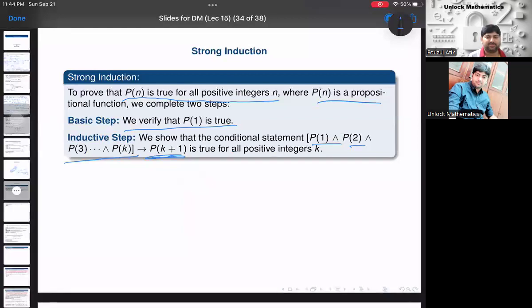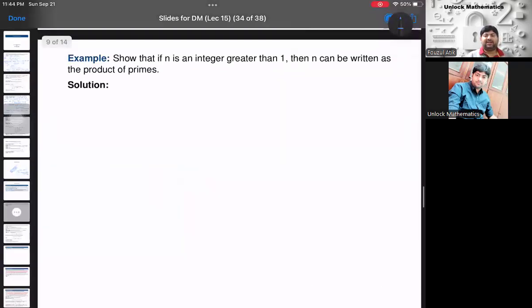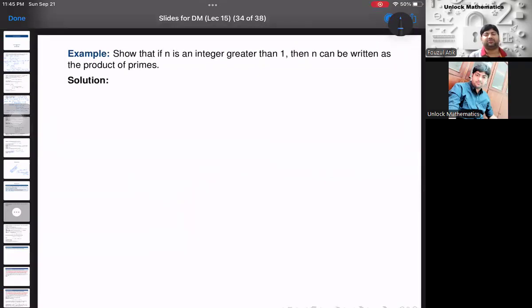Now, if we do one example, we'll understand the significance of this method. If n is an integer greater than 1, then n can be written as a product of primes. Now this proof we can do using the strong induction technique. How to do that?